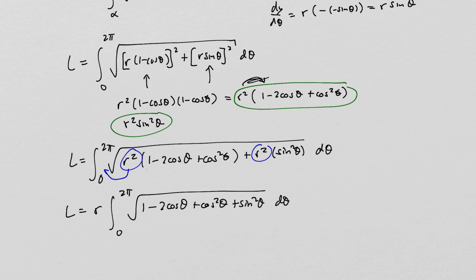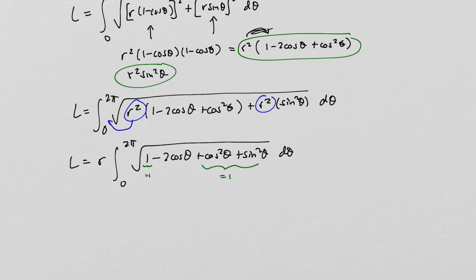And now we need to remember that cosine squared of theta plus sine squared of theta is 1. And then this is also 1. And if we add 1 and 1 together, we're going to get 2. So this becomes r times the integral of the square root of 2 minus 2 cosine theta d theta.